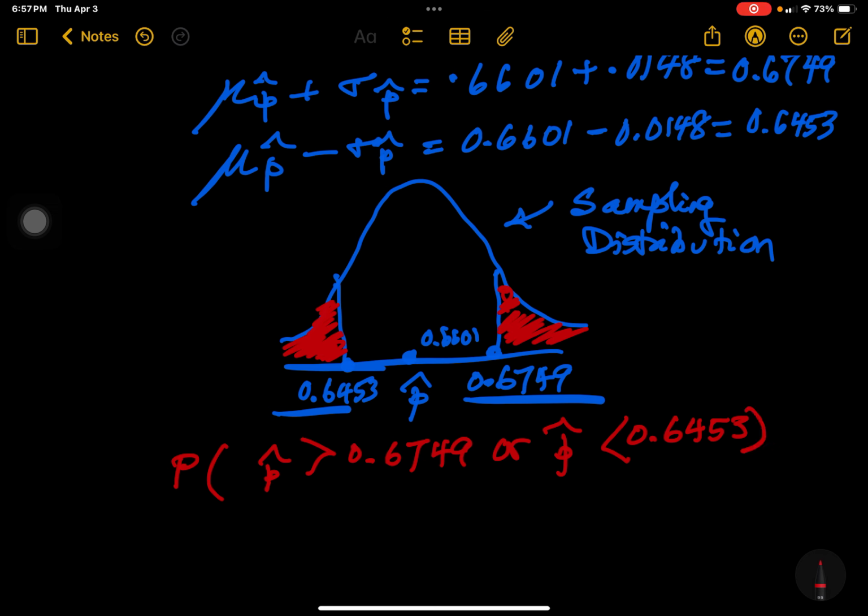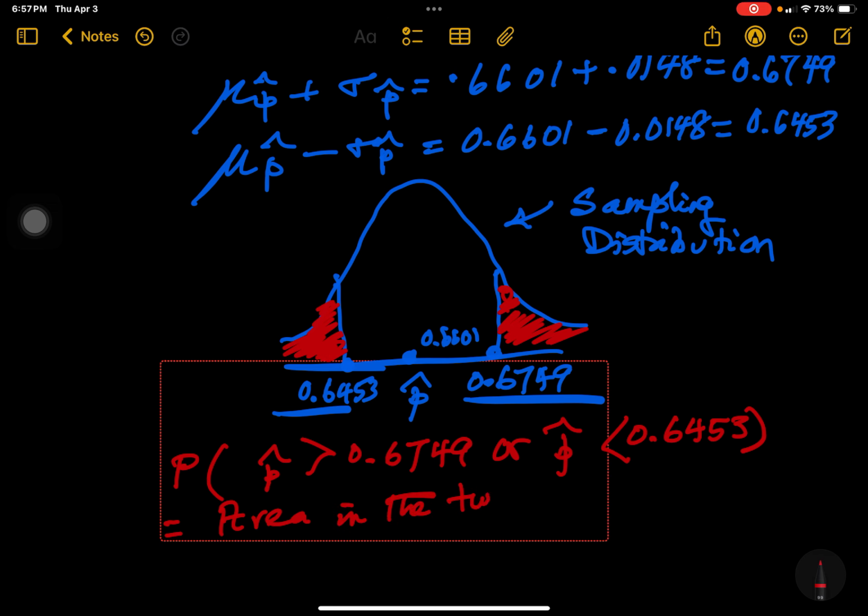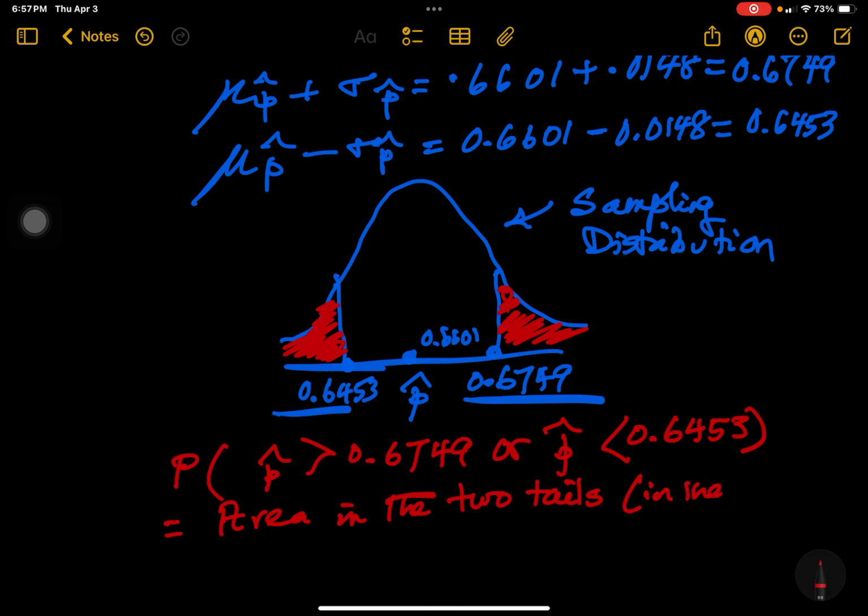In other words, we need to find the area in the two tails, or the two highlighted areas, in the left tail and in the right tail.